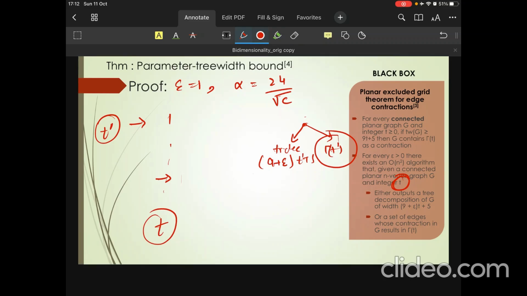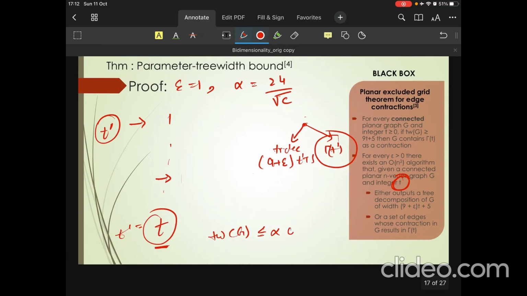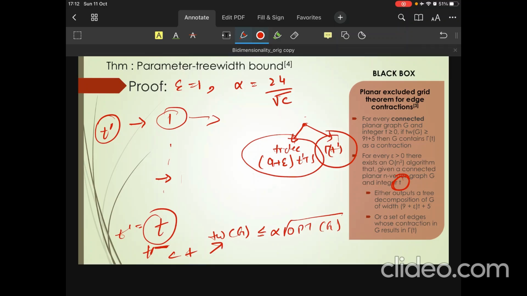As we know from the first part, for t dash equal to t, the tree width of the graph is less than or equal to alpha times OPT G. So we can extend the argument for t dash less than t, the same thing follows. So the maximum tree width of the tree decomposition we get, we return that, and we halt at a point where gamma t dash is returned instead of a tree decomposition.